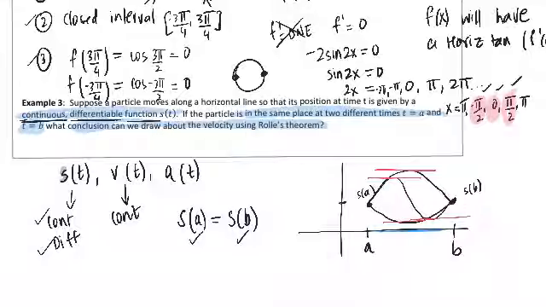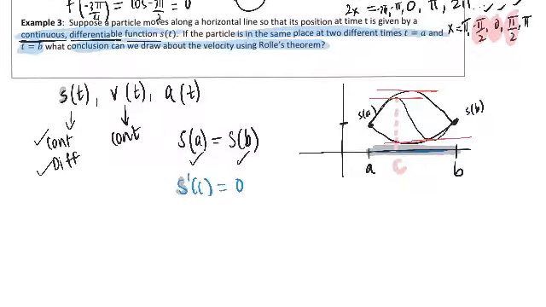The time interval is from A to B, and this position function must have at least one horizontal tangent line at some time C, right, within the time interval A to B. So there must be some S prime of C which is equal to 0, which is saying that we have a horizontal tangent line, right? S prime is the slope of the tangent line, must be 0 at some spot, some time C, and that means the velocity must be 0 at some time C. So we could answer the question this way.